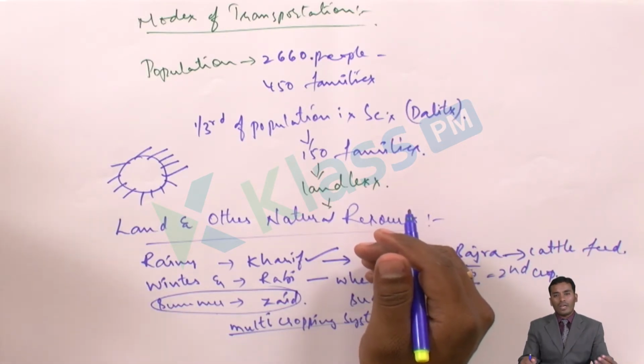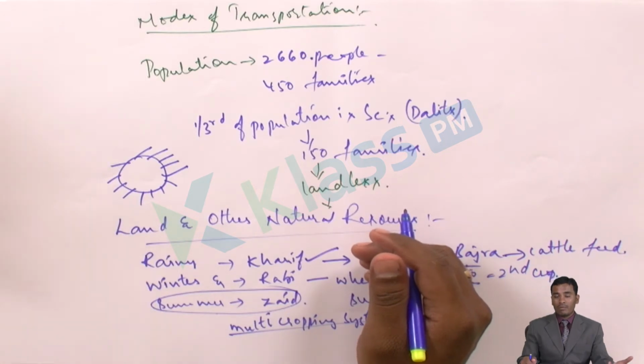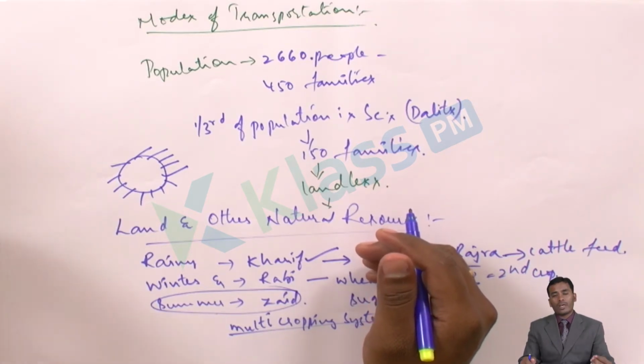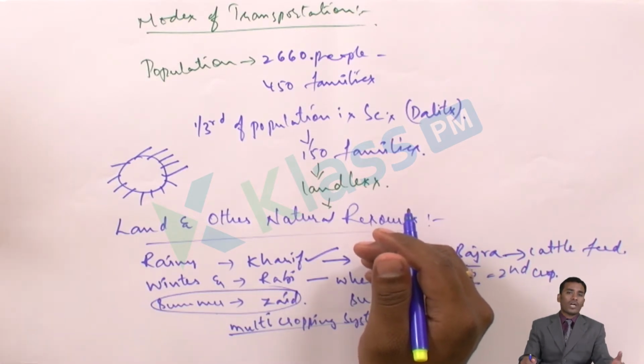In contrast, in plateau regions the irrigation facilities are very few, and the development of agriculture is also less when compared to riverine plains and coastal areas of our country.